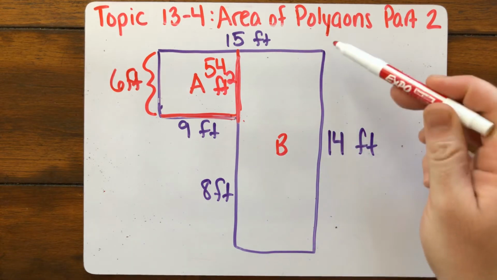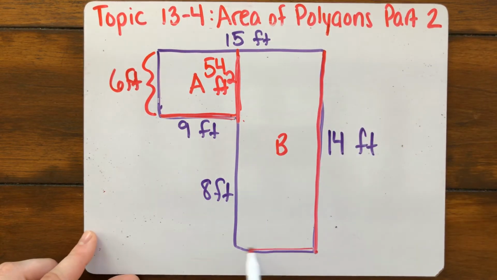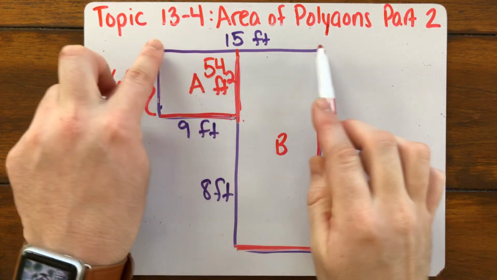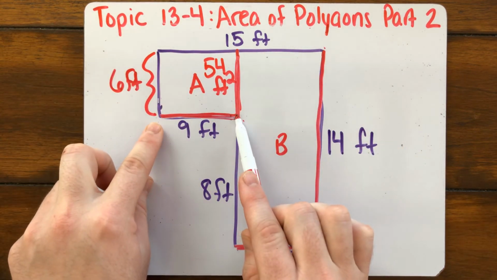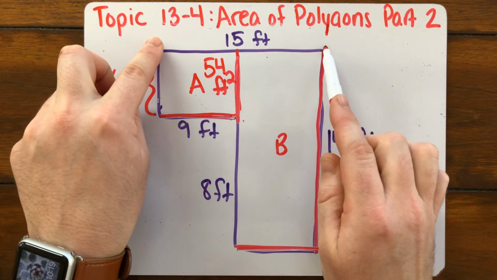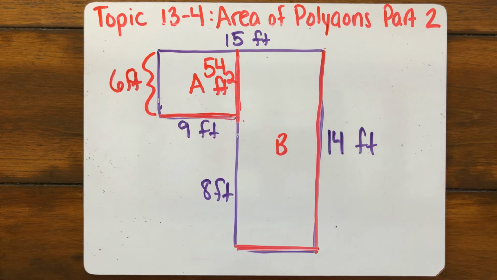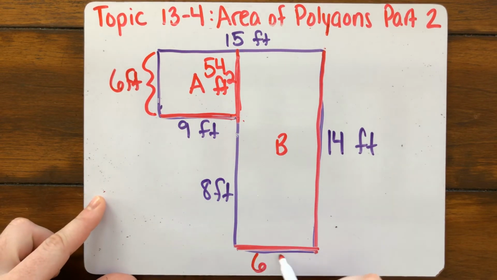And then this one, again, I'm given this whole thing of 14, but then I don't know what this is right here. But I do see that this whole entire thing is 15, and this dimension is 9. So what can I do with 15 and 9 to find this remaining? Well, again, I can subtract. So 15 minus 9 is 6 feet.